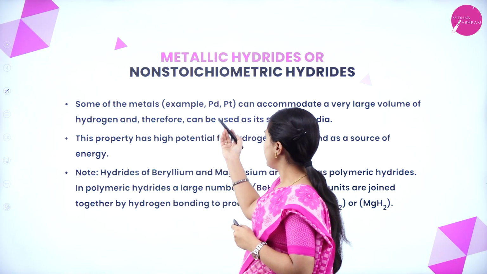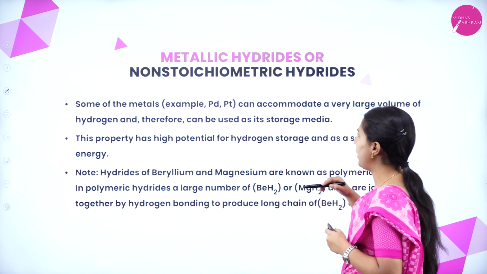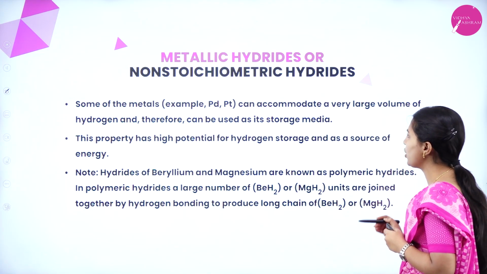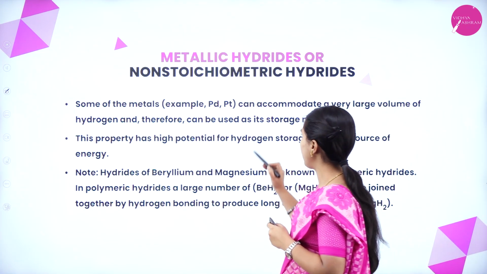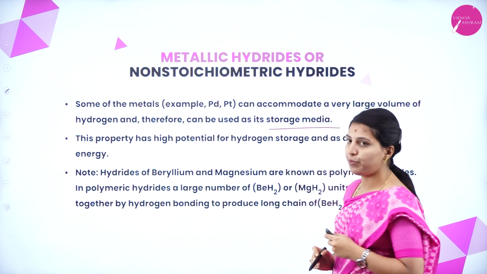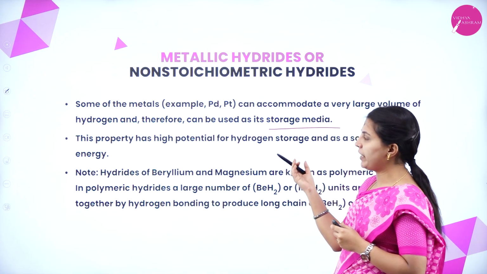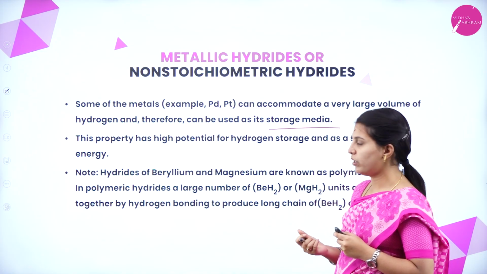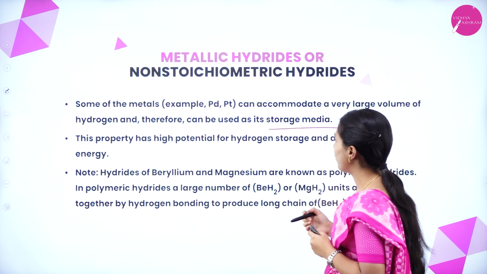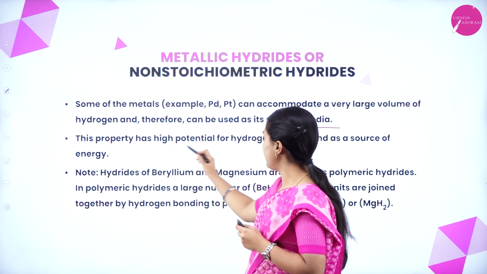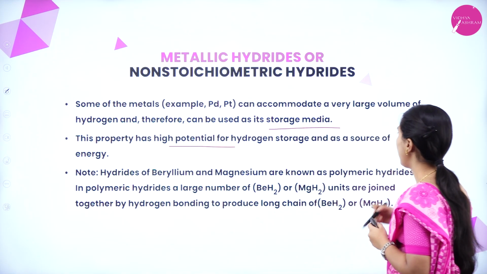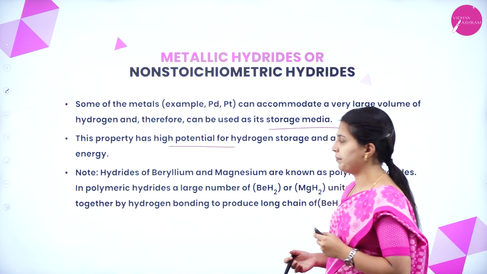Some of the metals like palladium and platinum can accommodate a very large volume of hydrogen and therefore can be used as storage media. Palladium and platinum absorb hydrogen gas more, so they act as storage media. This property has high potential for hydrogen storage and as a source of energy.